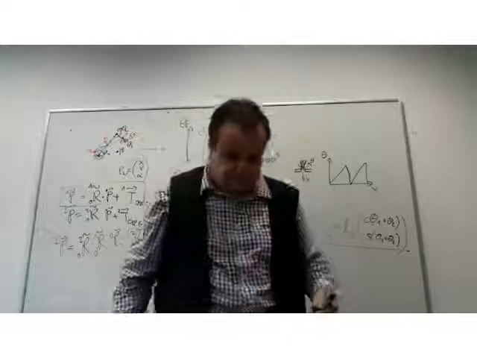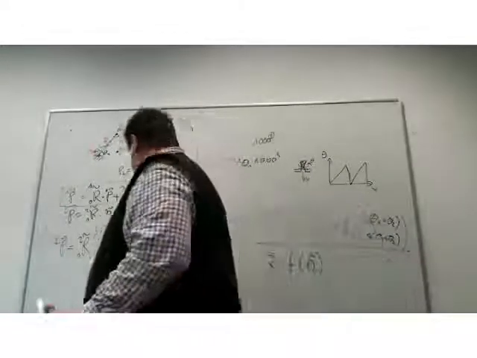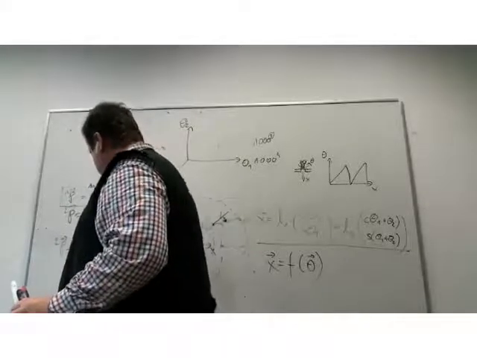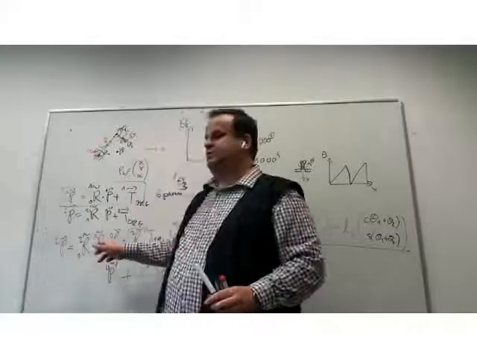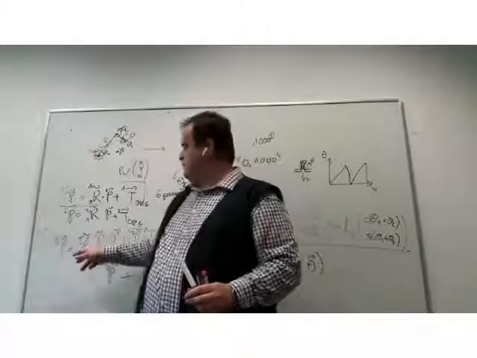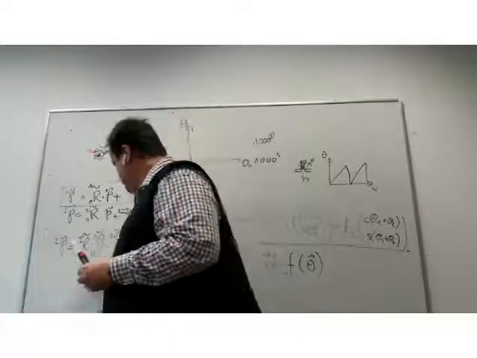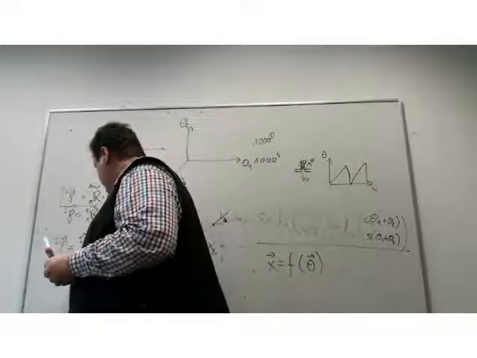Oops, sorry. And my original point needs to be rotated. So you see, first I rotate it from 0 to 1, and then I rotate it from 1 to 2. If I multiply the two matrices first, then I get the rotation matrix from 0 to 2.